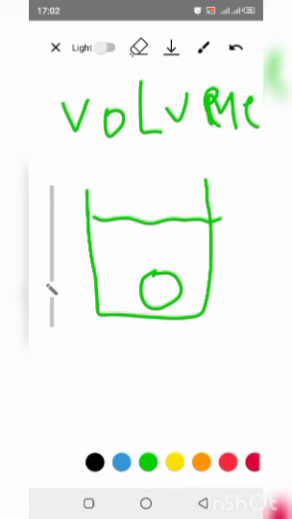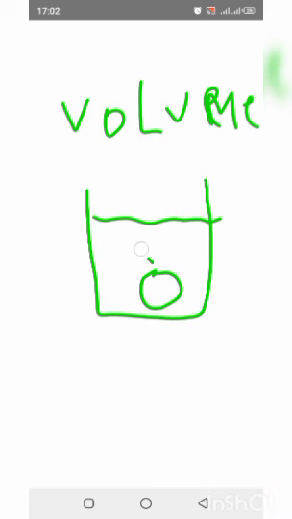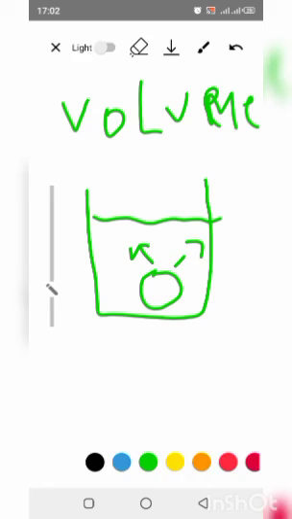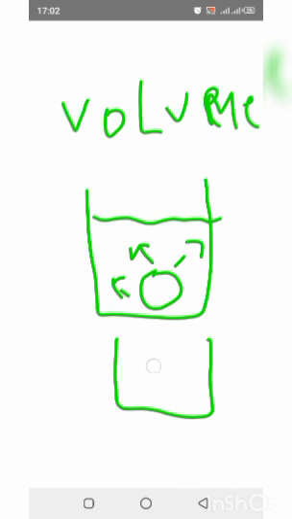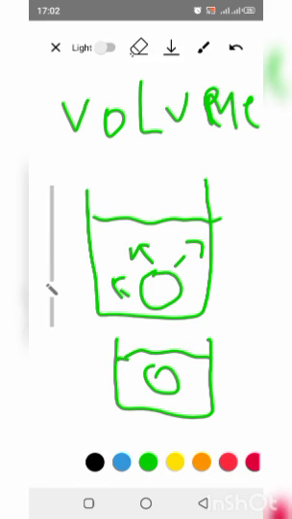The volume of this big block of sugar is very high, therefore it is going to take a very long time for the big block of sugar to dissolve. But when you have a smaller volume in the same space, it is going to be faster for this sugar to dissolve.